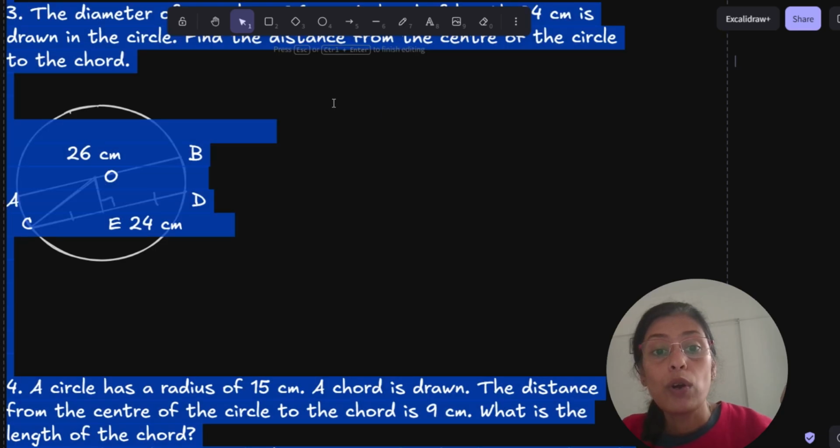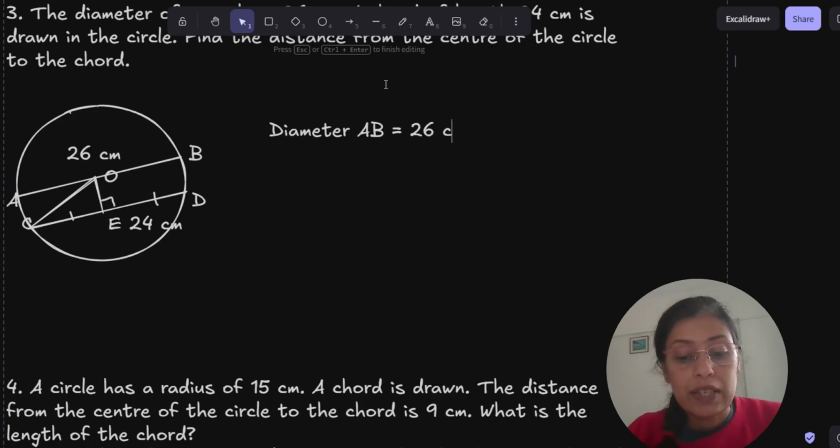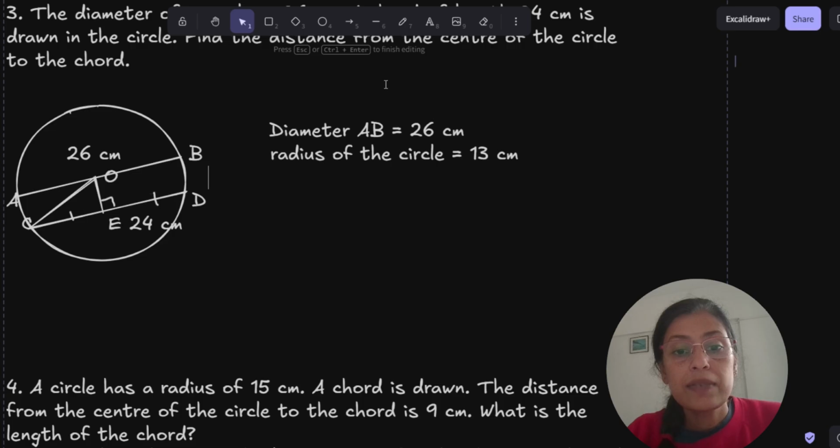What we have been given here is diameter AB is equal to 26 centimeter. So this means the radius of the circle will be 13 centimeter. We have drawn OC, so OC is 13 centimeter. What else do we know?